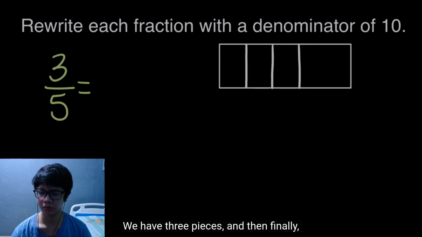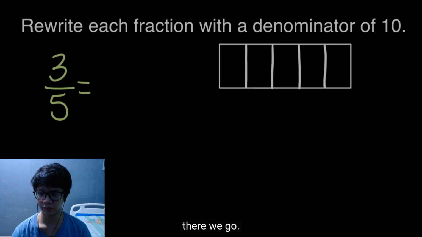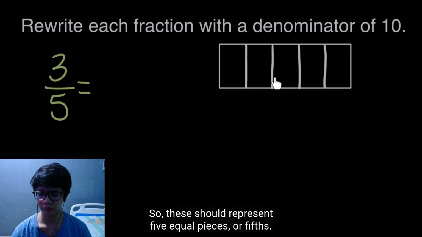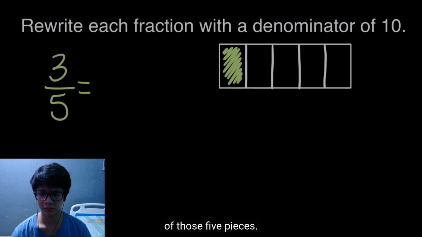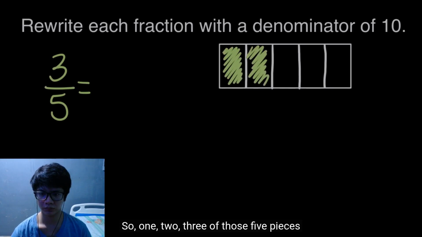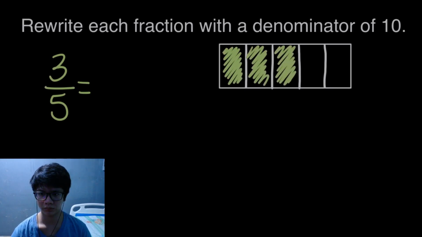And so we have 5 pieces, and finally, there we go. So these should represent 5 equal pieces, or fifths. And to show 3/5, we need to shade 3 of those 5 pieces. So 1, 2, 3 of those 5 pieces should be shaded in to show 3/5.